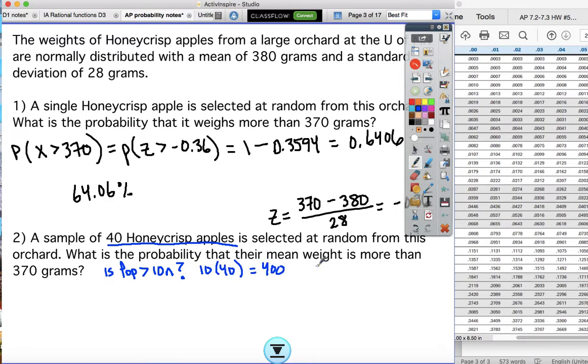Is it safe for me to assume that there's more than 400 apples? Yeah. And we're talking in a large orchard at the U of M? Yeah. I would say that it's safe to assume more than 400 Honeycrisp apples in the large orchard.